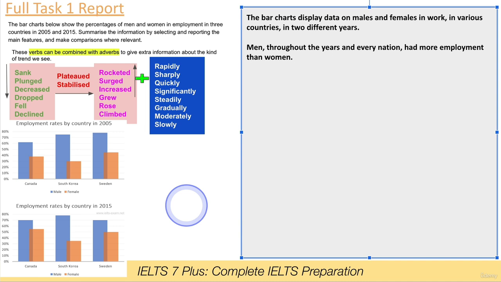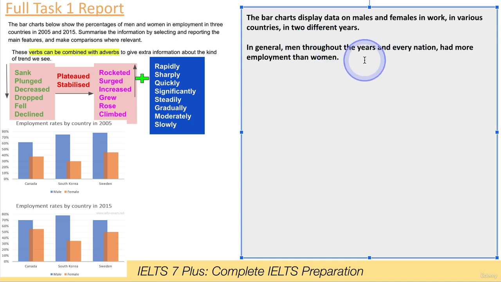Men throughout the years in every nation had more employment than women. Let's start with a nice phrase like in general. In general, and then we'll change the commas. Men throughout the years in every nation had more employment than women.